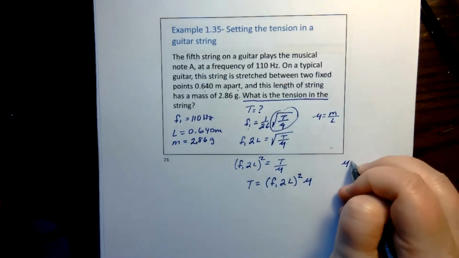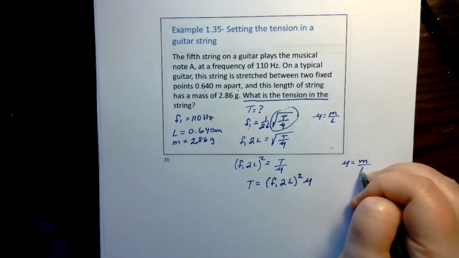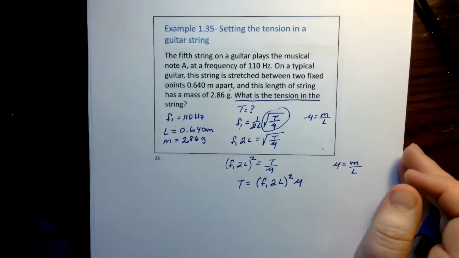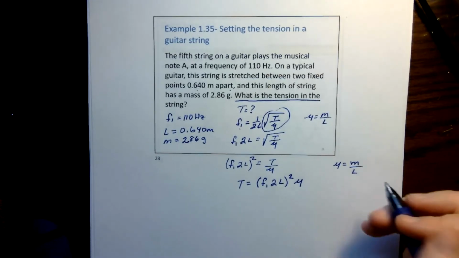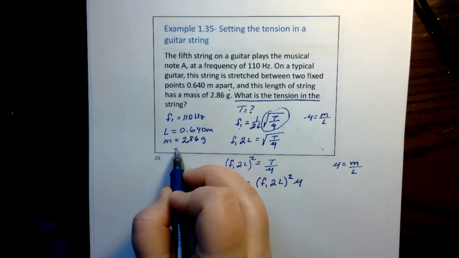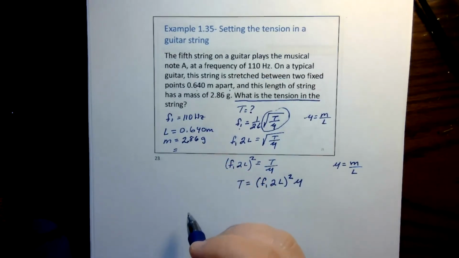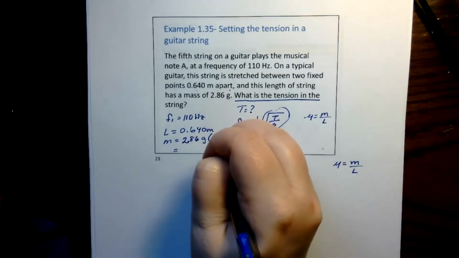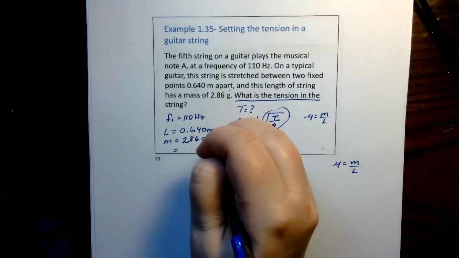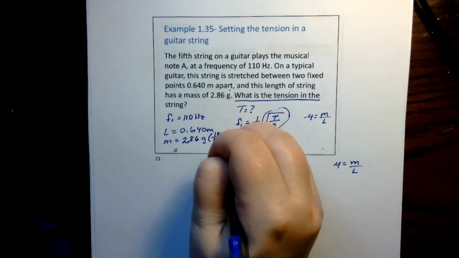We said mu was equal to M over L. We know M is in grams. Do we want to leave M in grams? No, we want to convert it. What are we converting M to? If you said kilograms, you are correct.